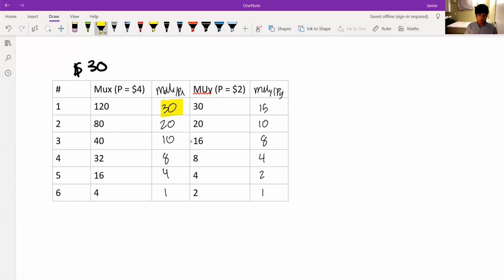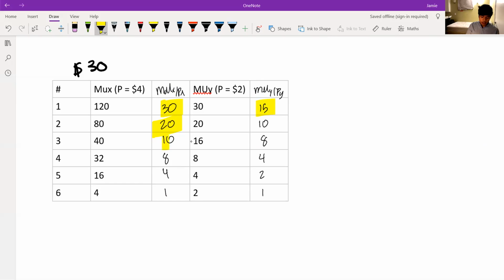I ask the same question: which provides the highest marginal utility per dollar, good Y or good X? I've already consumed the first unit of good X, so it's either the second unit of good X or the first unit of good Y. Clearly, the second unit of good X yields a higher return per dollar.